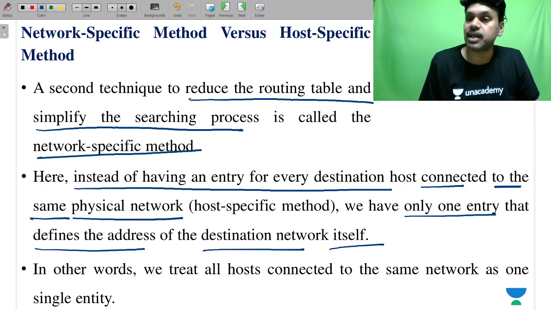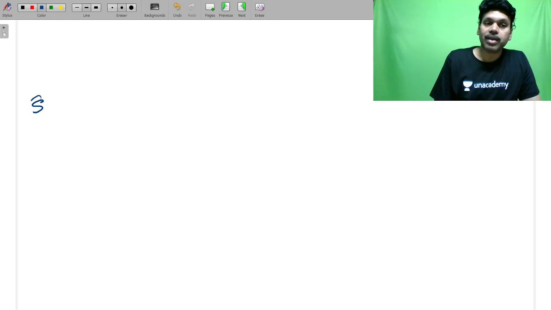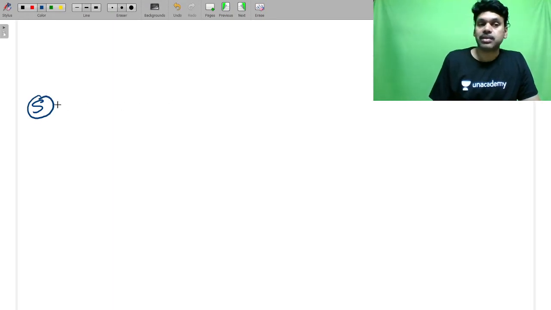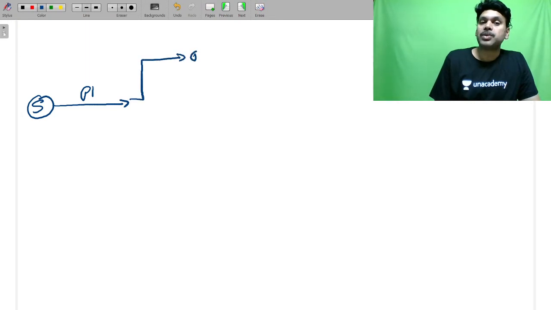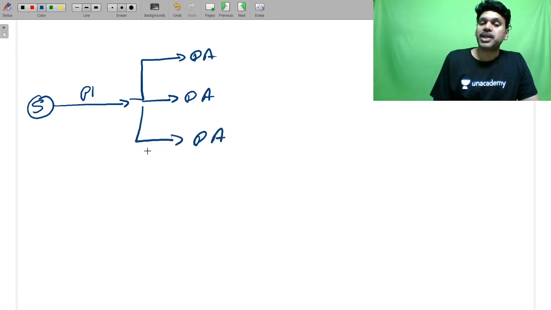Let me give one example. So the sender is here, he is forwarding the packet, and I want to push it to multiple destinations. So you need to write those many destination IPs. Observe carefully.